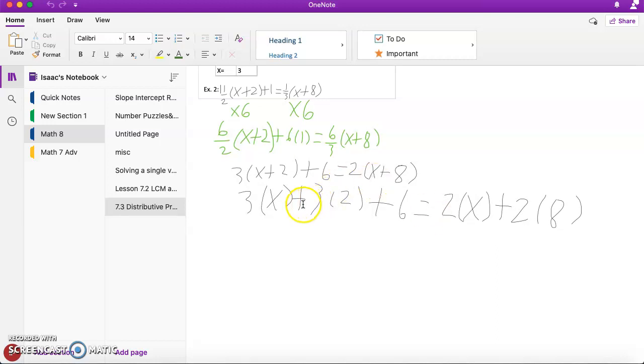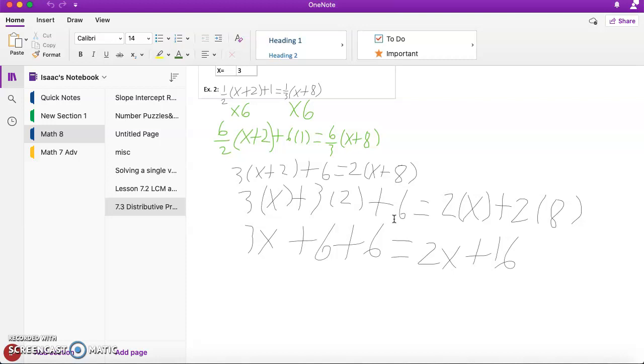Time to simplify these. 3 times x is just 3x. 3 times 2 is 6, and my original 6 is left alone. That's equal to 2 times x, which is just 2x, and 2 times 8 is 16.